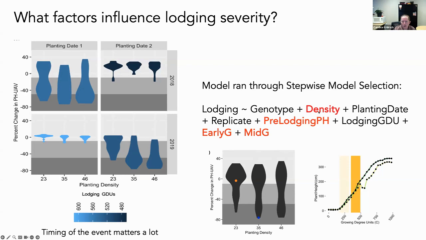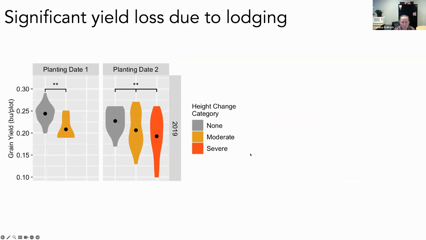With density, we have a very different root structure that results when we plant at very high densities. And that also forces different growth patterns to accommodate the high densities that the plants are being grown under. And so these were all the factors that contributed to the severity of lodging that was observed.